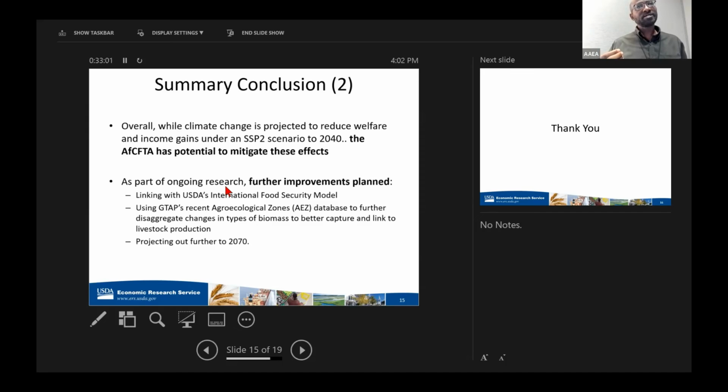But to the extent that we can find ways to disaggregate the more general, more macro viewpoint, the better we'll be able to provide some very useful inference and policy suggestions for those who can use the results from our analysis. Thank you.